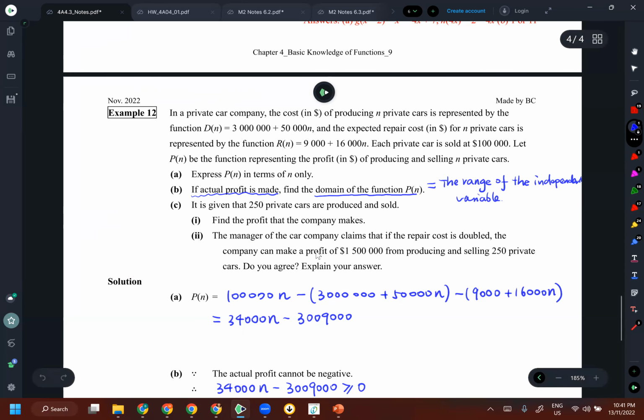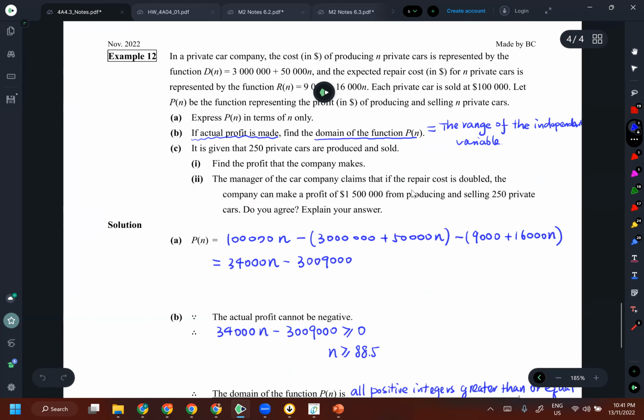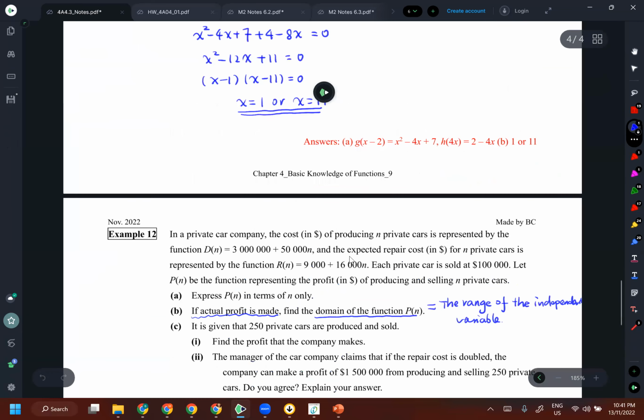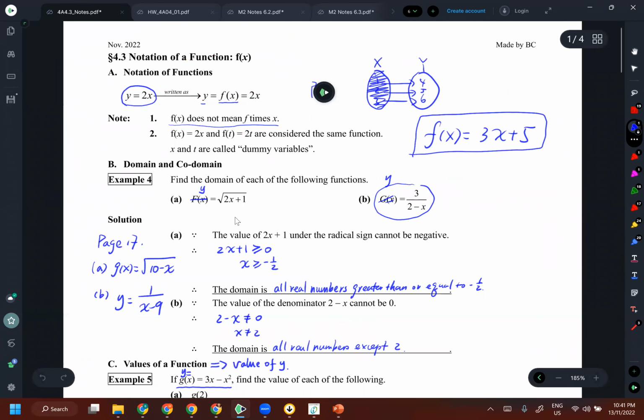So with these questions, you have to find the domains through many constraints in real life, like, oh, there is a profit, like, oh, the number of cars has to be positive, something like that. These are practical, real life constraints, okay? Whereas the abstract function in example 4, you don't have any of those. You don't have a profit, you don't have the cost, nothing.